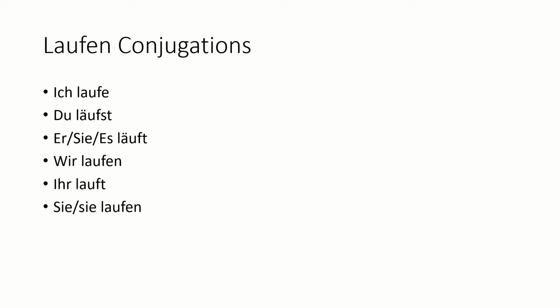So now we're going to go over the conjugations for all the verbs. First we'll start off with the somewhat regular, pretty much regular, where only one thing changes.